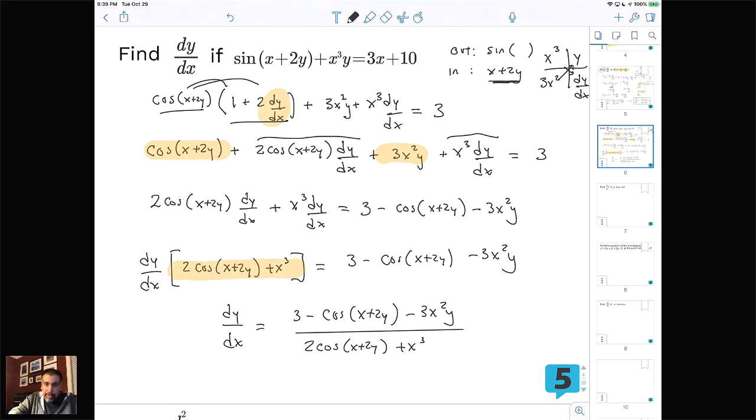Okay, so you can see that in these implicit derivatives, some of the answers start to get a little long, they start to get a little complicated, but that's okay, that's not a big deal. As long as we focus on our algebra, we're going to be fine.